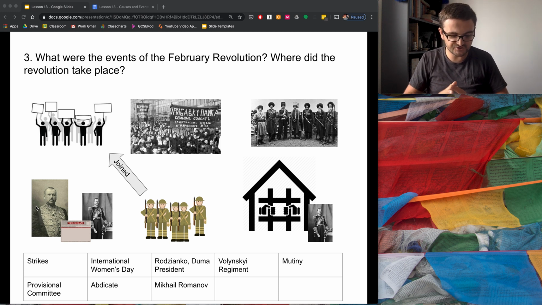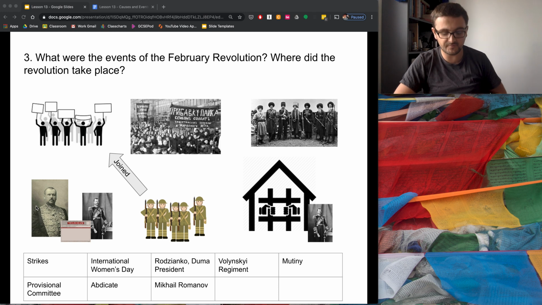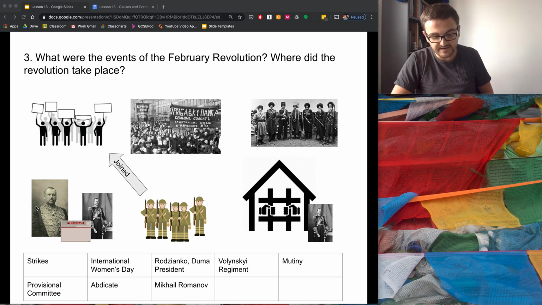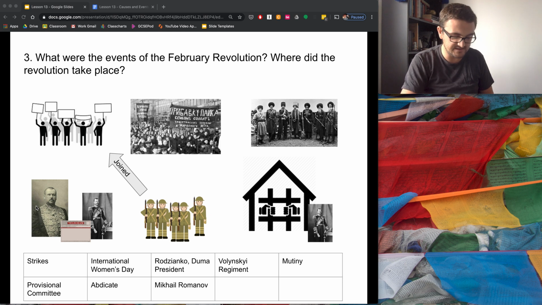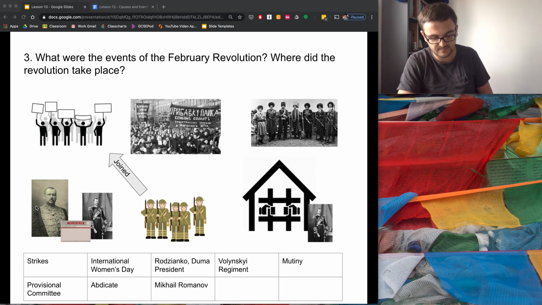Now on Tuesday, the 28th of February, Tsar Nicholas leaves his military headquarters, and at this point, he offers to make a deal with the Duma. He offers to share control. He's offering the thing that the Zemgor had wanted in the years before. The leader of the Duma, Rodzianko, replies with the message, "The measures you propose are too late.